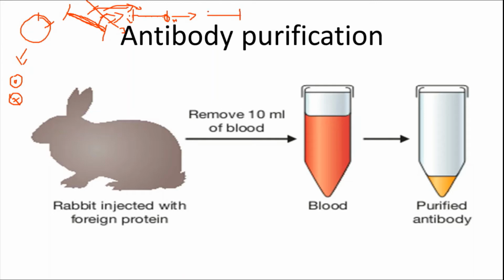Okay. This peptide molecule is similar to the expressed protein, nearly 90%, maybe 90 to 100% similarity. This chemically synthesized peptide and the gene expressed protein, if the gene is cloned, both are similar to each other. Okay, this chemically synthesized peptide is injected into the rabbit.